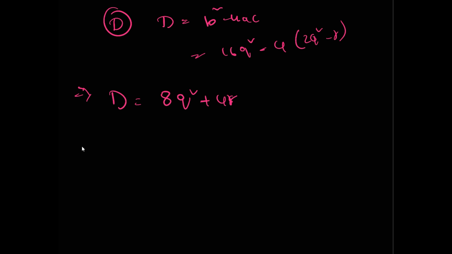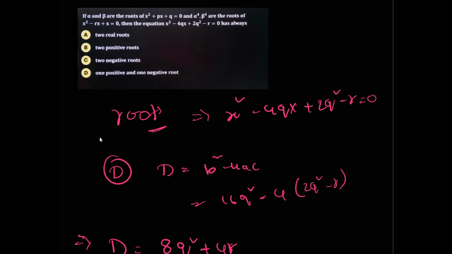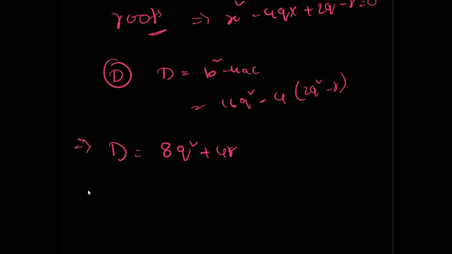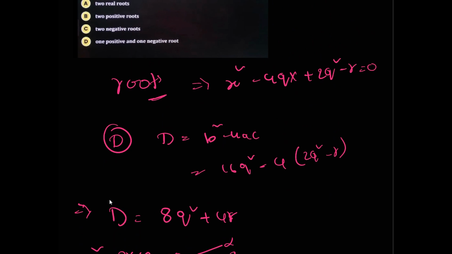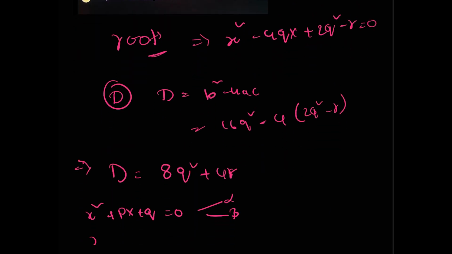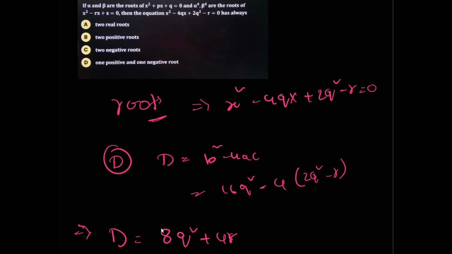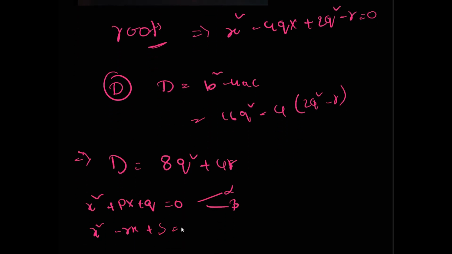Now, they have given that x square plus px plus q equals to 0 has roots alpha comma beta, and x square minus rx plus s equals to 0 has roots alpha power 4 and beta power 4.